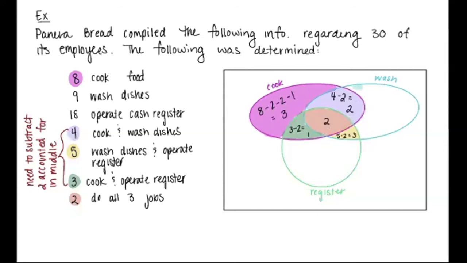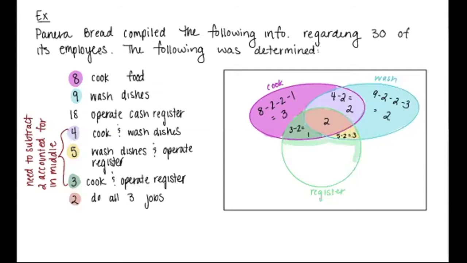Likewise, when we go to the people that solely their job is only to wash dishes. I have 9 people in total, but I have 2 accounted for here, 2 here, and 3 here. So from 9, we take away 2, 2, and 3. There are 2 people that only wash dishes.